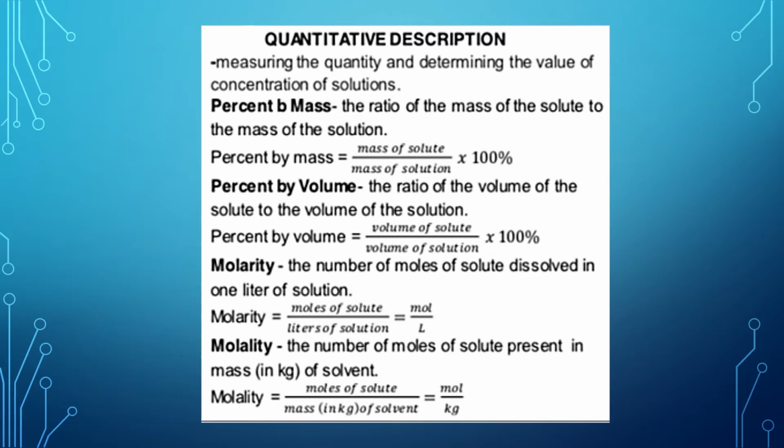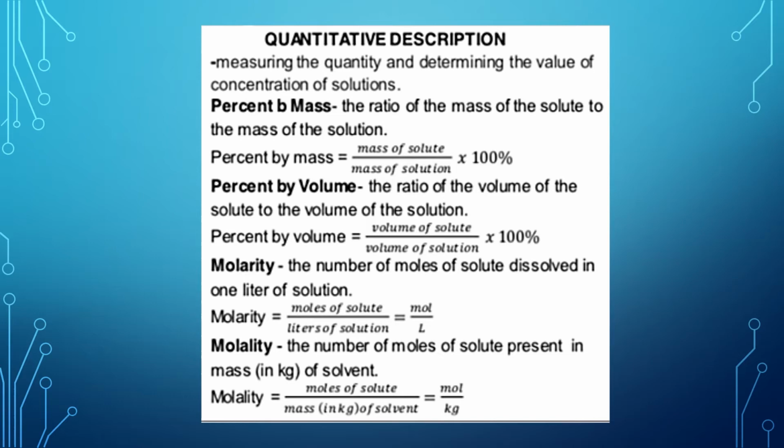Next, molarity is the number of moles of solute dissolved in 1 liter of solution. So, pag sinabi nating molarity naman, ang minimeasure natin dito ay yung amount of solute na nadidissolve daw in a liter of solution. Okay? So, ang formula is as simple as this. We have moles of solute divided by liters of solution. Yun lang.